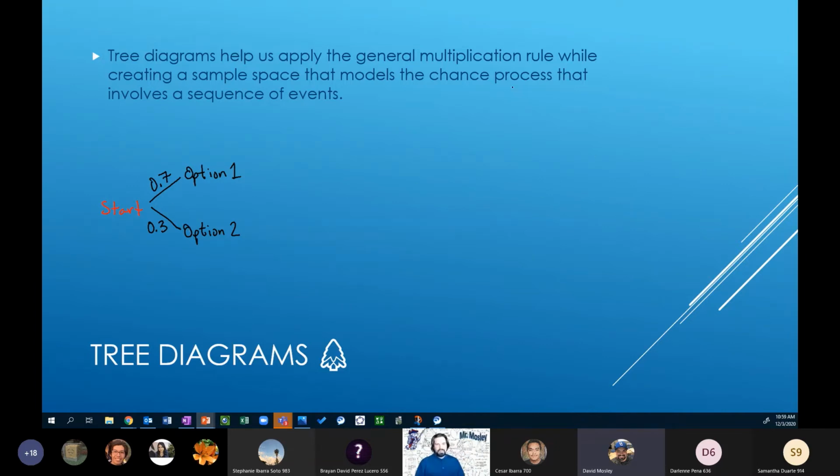And then from that, we have more options. It could be another two branches for each, and we get the options of maybe a yes or a no.